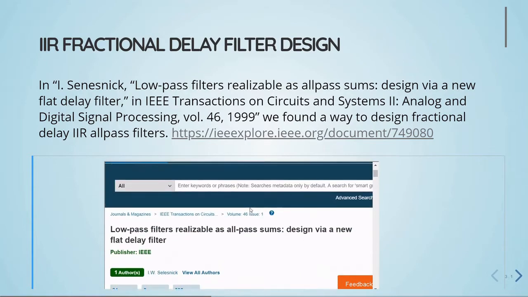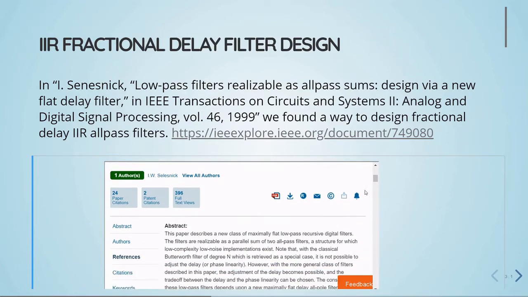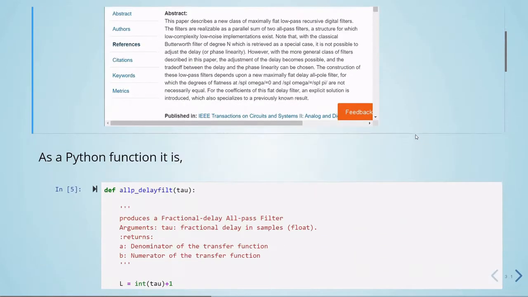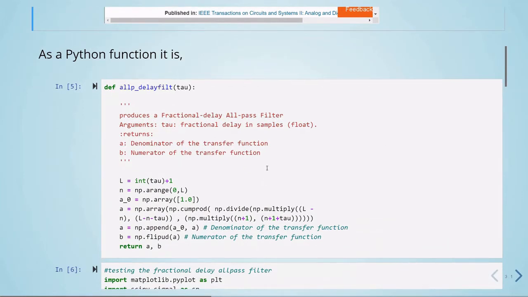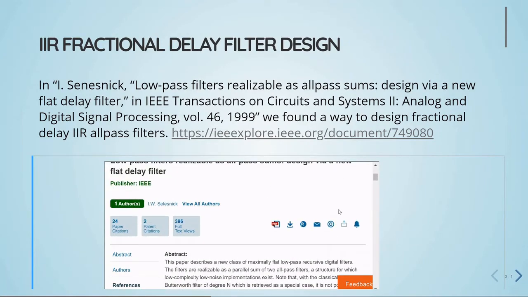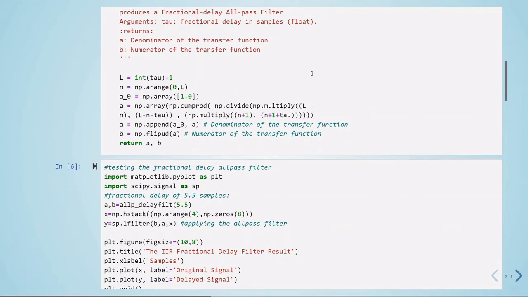So you can take a look here, you can download this PDF file, and in this paper it gives us a way to implement this function. So this function will take as an argument the fractional delay, and it will return a denominator and a numerator of a transfer function. So all this here you find based on this article, and we can test this.